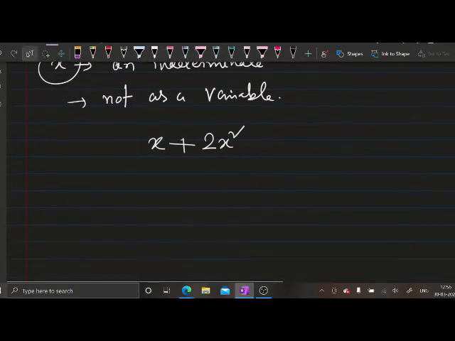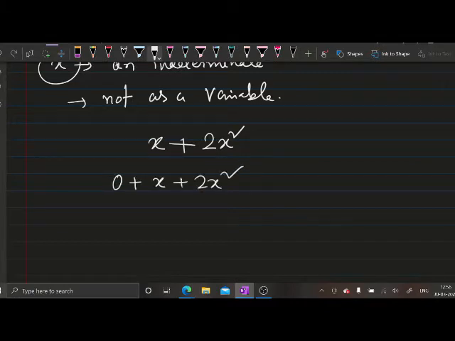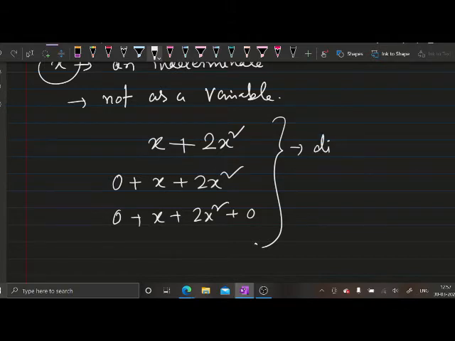Now this expression can be rewritten as, suppose you put one 0 on the left. Suppose you take another expression like this. Now these expressions are different formal sums, right?